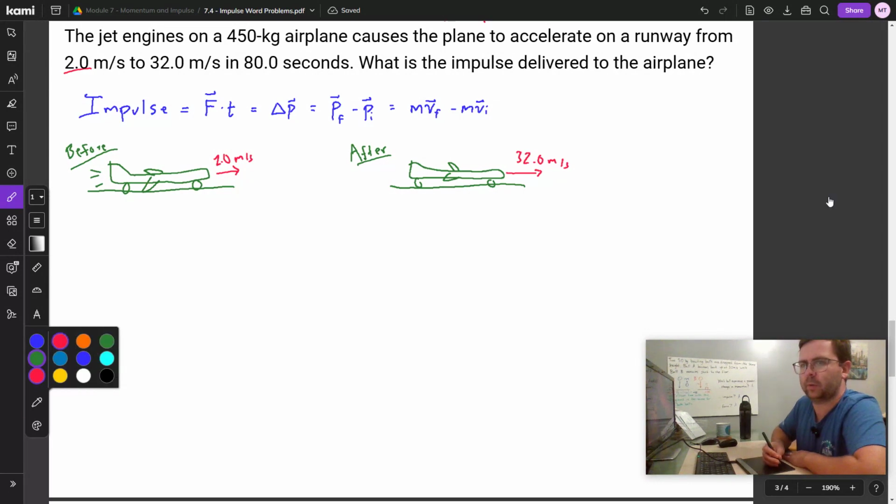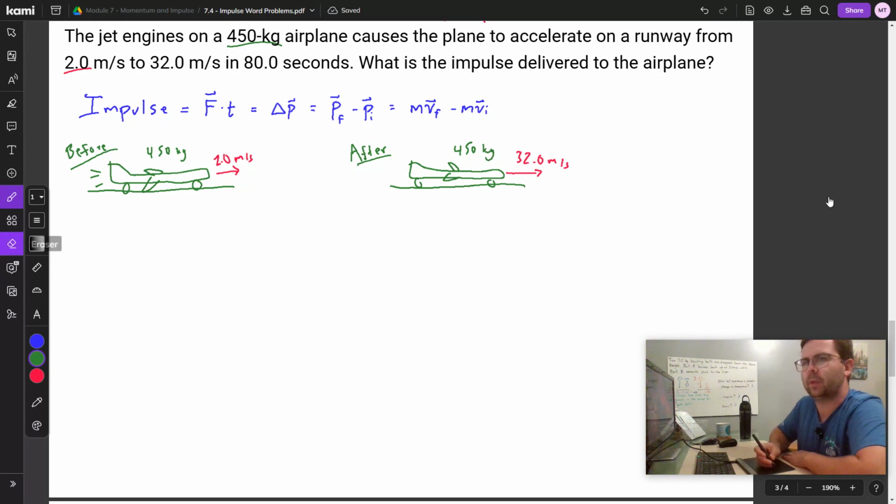The mass of the airplane, did it give us that? It did. It's 450 kilograms for the mass up here. So I'll just label that on my picture. Okay. So now I'm going to start writing down the things that I know about the airplane and its motion. It helps to identify just the math symbols that go along with this.